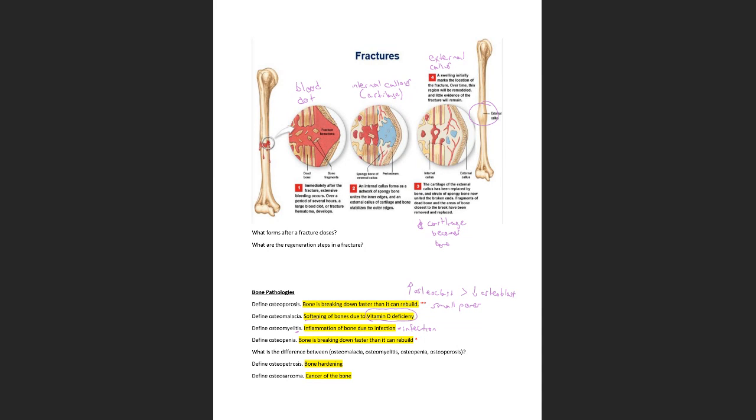And we have osteopenia. Osteopenia is similar to osteoporosis, where bone is being broken down. So osteoclast production is much more than osteoblast production.